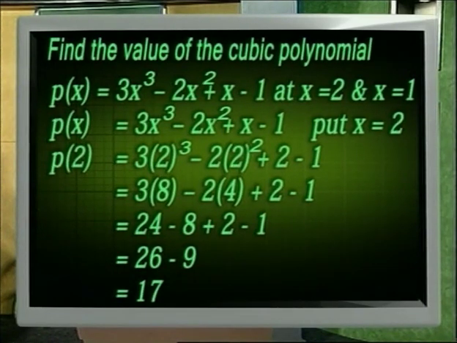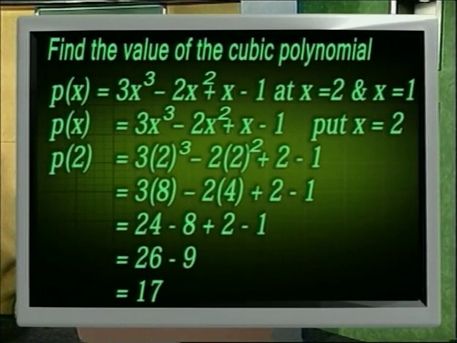Now we add positive numbers together and negative numbers together. So we get 24 plus 2, 26, minus 8 minus 1 gives you minus 9. So we get 26 minus 9, which gives you 17. So the value of p(2) is 17.